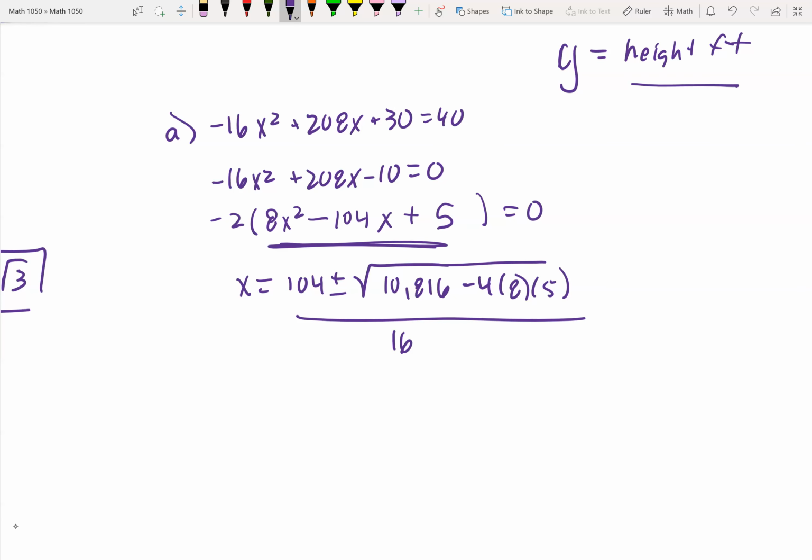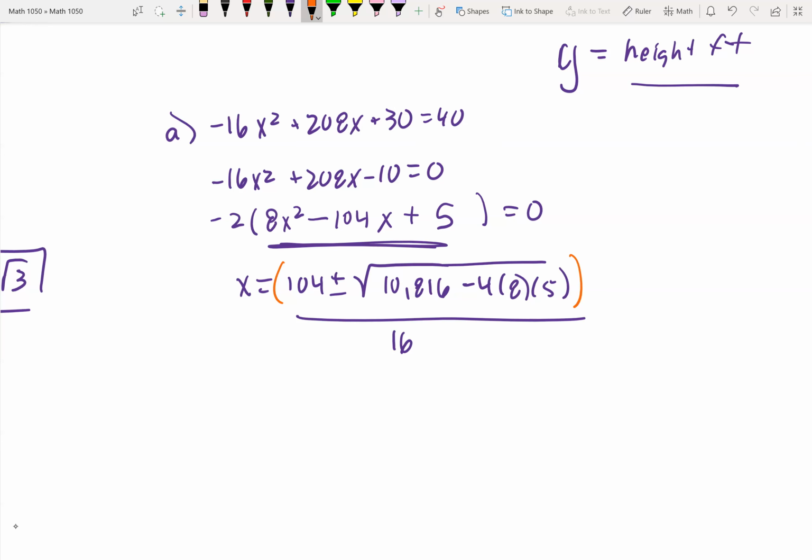Now they asked me to put it in decimal form, so I'm totally good to just stick this whole thing in, add parentheses right there. If I had written this as 2 times 8, then I would need parentheses, but since it's just a 16, I don't. So go parentheses, 104 plus square root, 10,816 minus 4 parentheses 8, close it, new parenthesis 5.